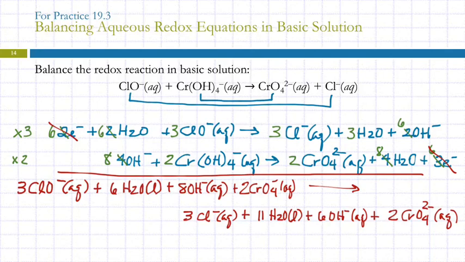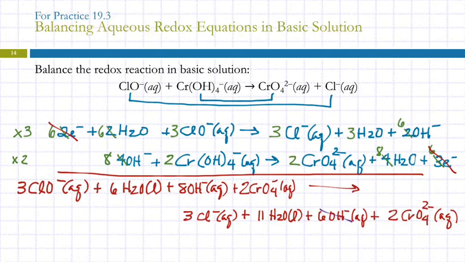Now let's look at this and make sure that we don't have duplicate stuff, which we do. I have 8 hydroxides on the left side, and I have 6 hydroxides on the right side. So I could take 6 hydroxides off of both sides and have it still be balanced, right?